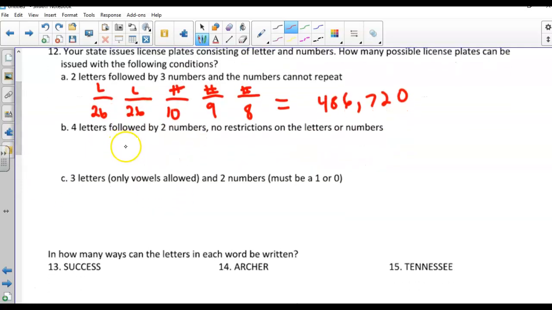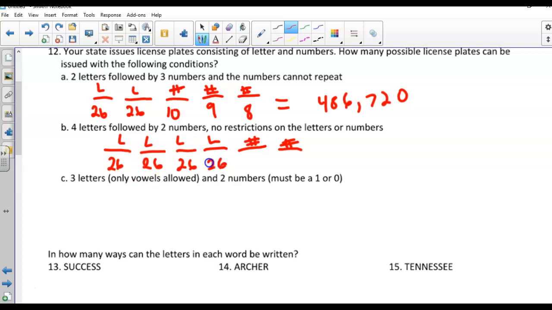Now, B says 4 letters followed by 2 numbers. No restriction on letters or numbers. So that one has no restriction whatsoever. So letter, letter, letter, letter, number, number. So 26, and again, it doesn't matter, you can repeat.